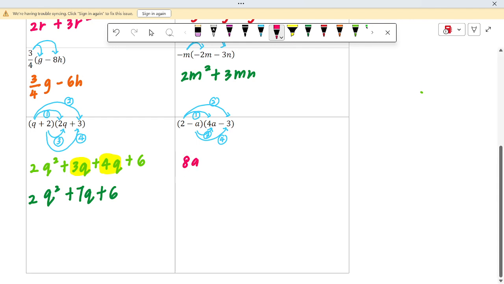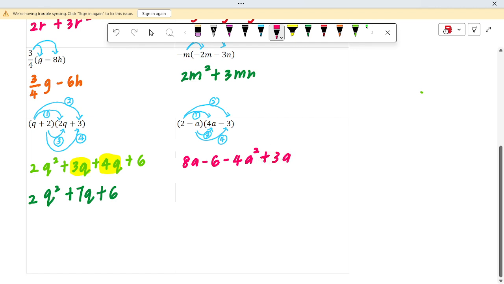Number 2, 2 times negative 3. So you will get negative 6. So don't write that positive 6. Follow the sign given. Number 3 will be negative a times 4, which will give you negative 4a squared. And the last one, negative a times negative 3 will give you positive 3a.